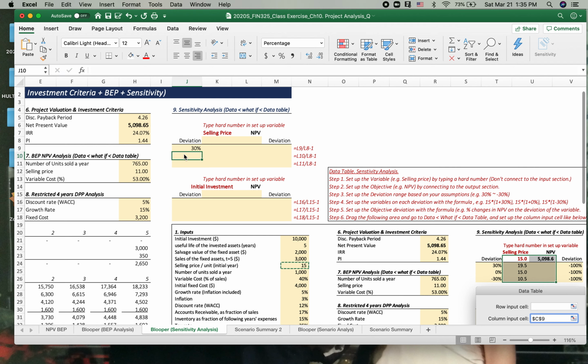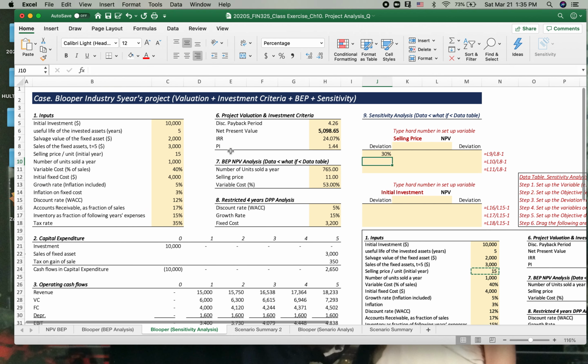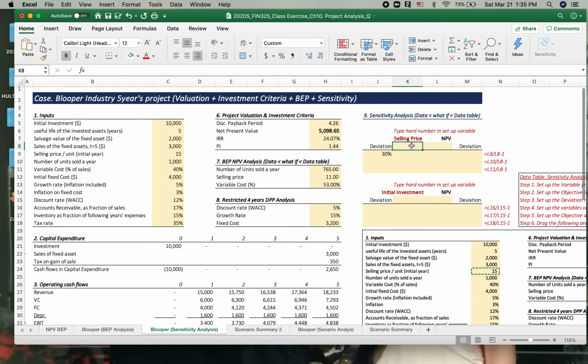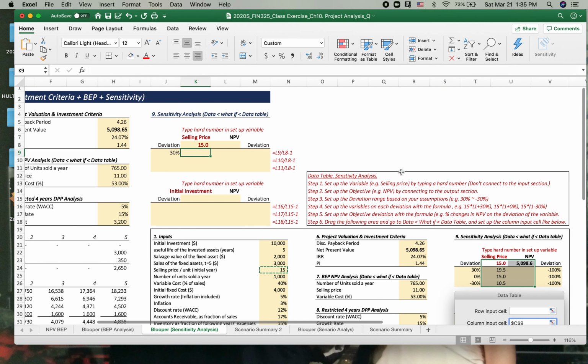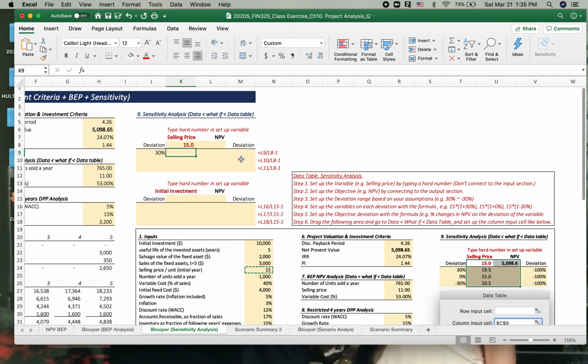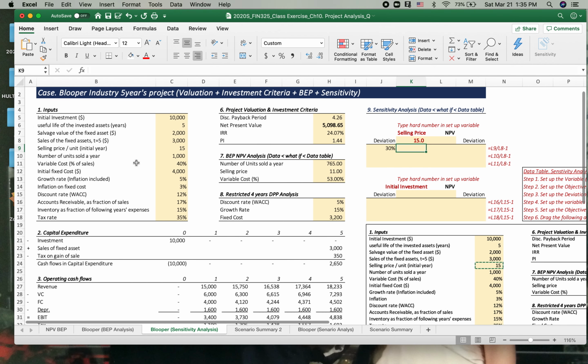What if the selling price went up from the base case? So what is the selling price we set up? Okay, here we go, $15. You have to put the price $15 as a hard number. Don't link to the input section, because if we link it, this number will be changed.